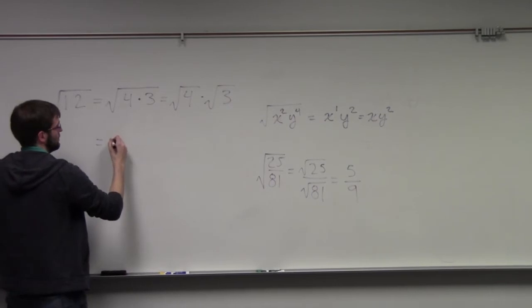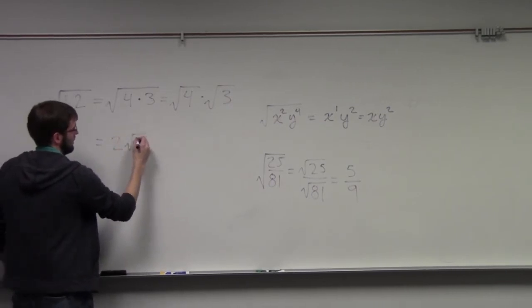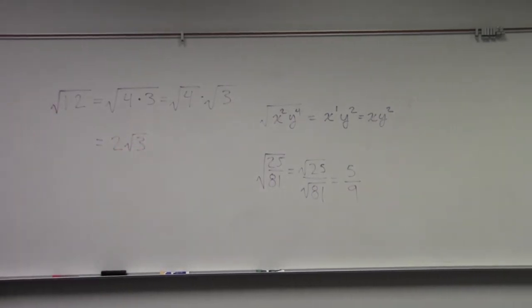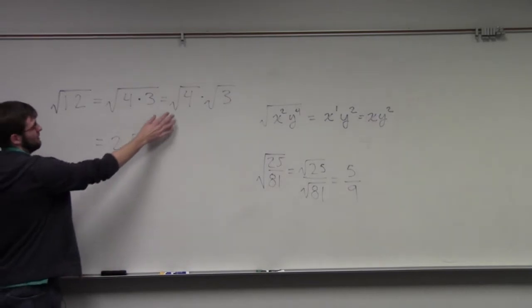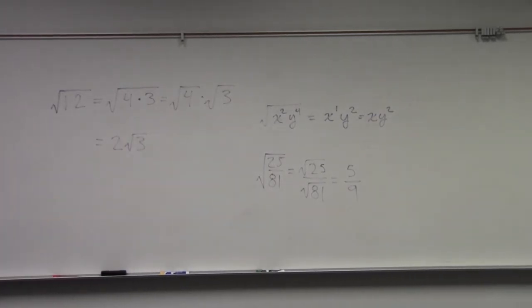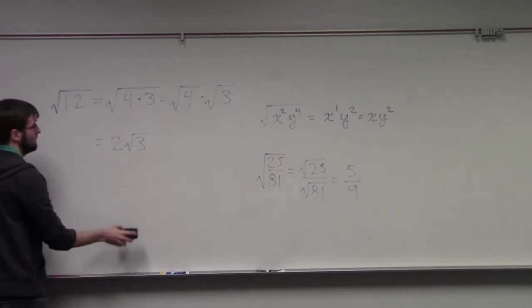And the square root of 4 is 2. And I'm just going to leave the 3 there. I tend to skip this step sometimes, but if you want to see it, just call me out and I'll write it down. I'll try to remember to do that step.